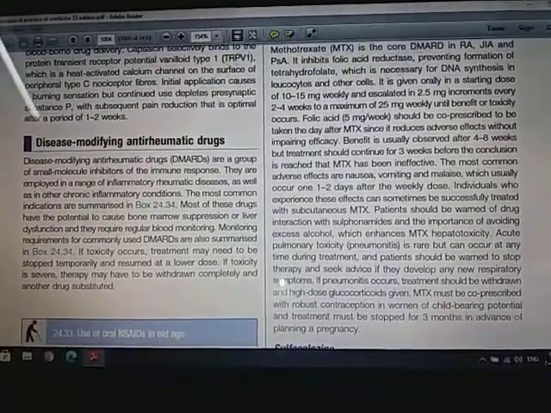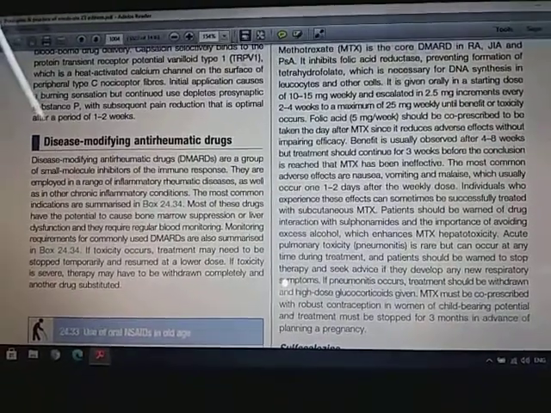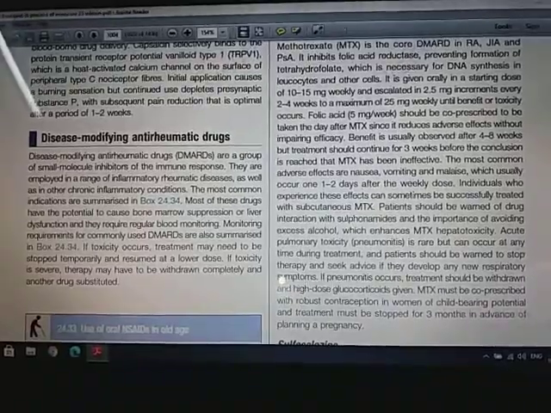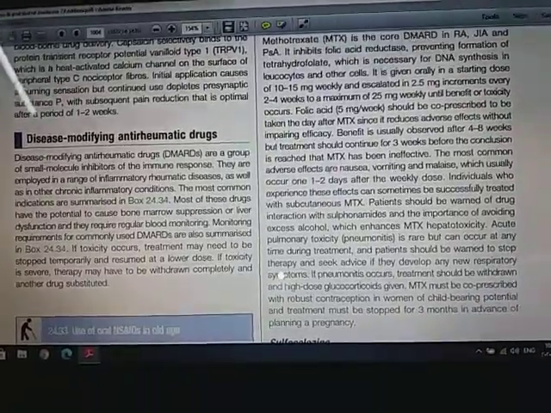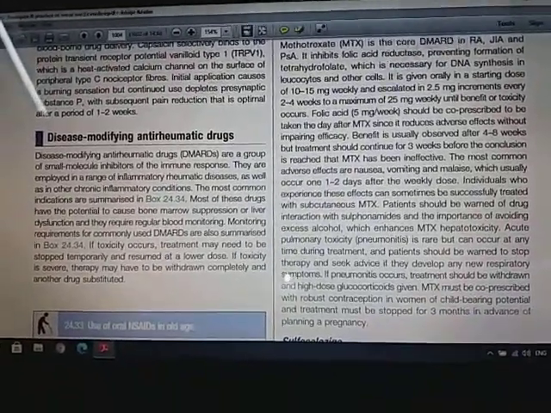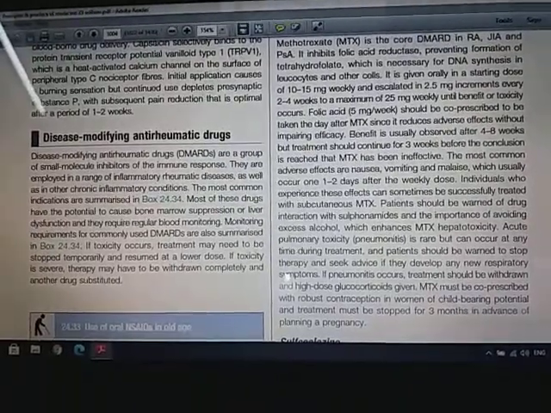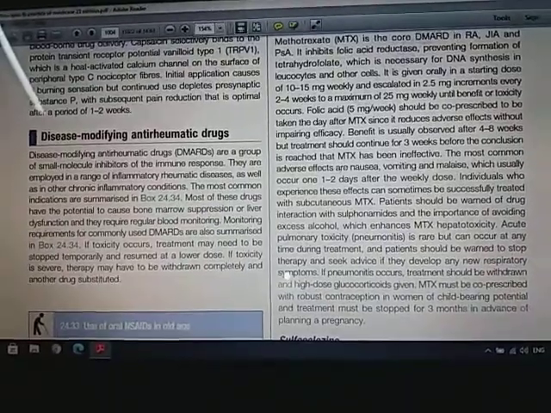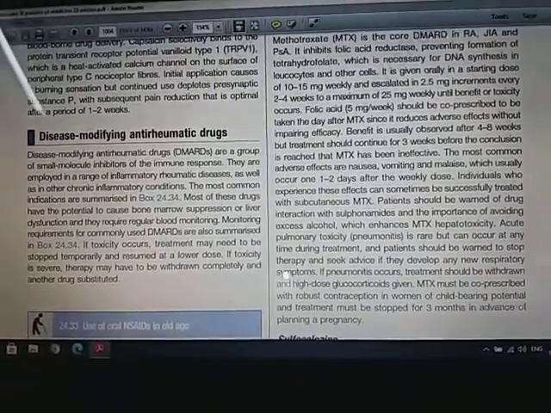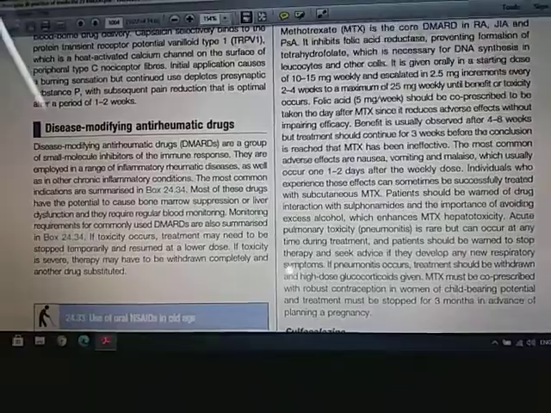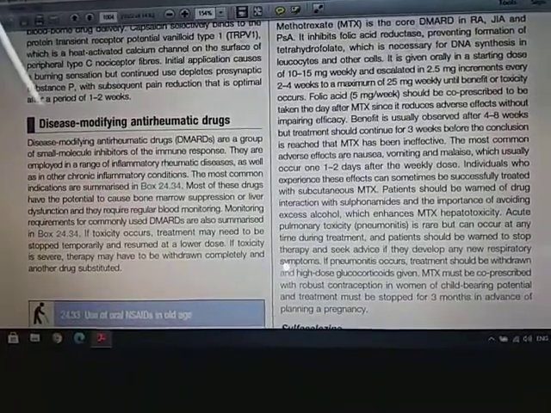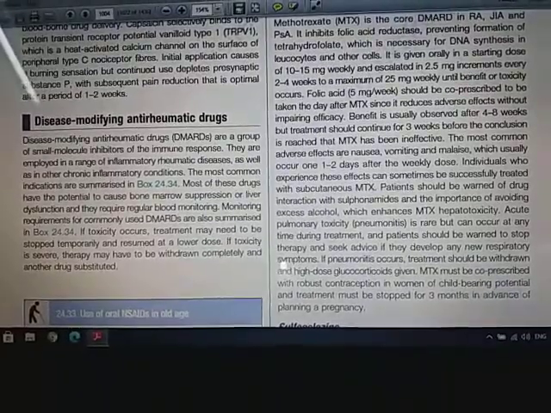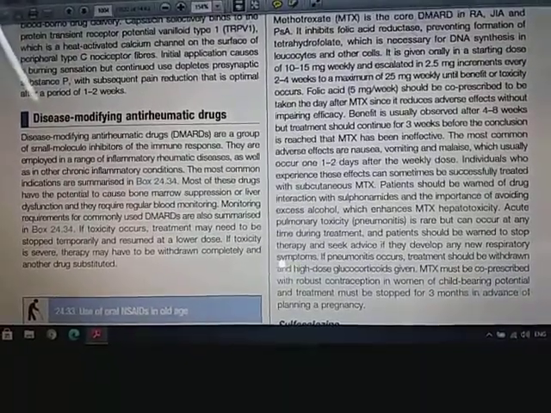They are more toxic than non-steroidals. Most of them may cause bone marrow suppression and hepatotoxicity. They may cause renal impairment, renal toxicity. The use of disease-modifying antirheumatic drugs requires regular monitoring of liver function tests, renal function tests, and blood monitoring.